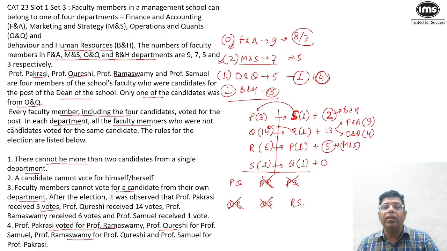But we can clearly say that P voted for R. That's absolutely right. And Q voted for S. That's fine.